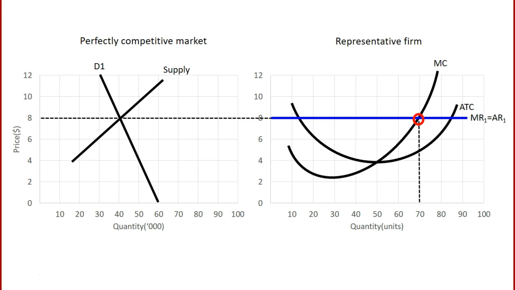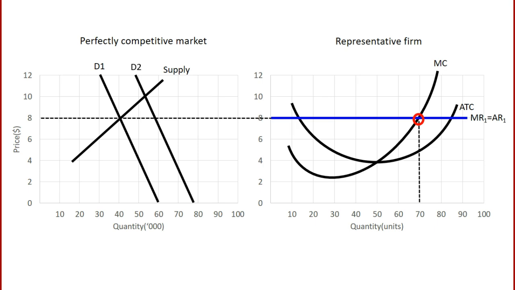When we shift the demand curve to the left and to the right, we can see that the equilibrium price is going to move as well. And that will then shift the marginal revenue and average revenue curve for the individual firm.